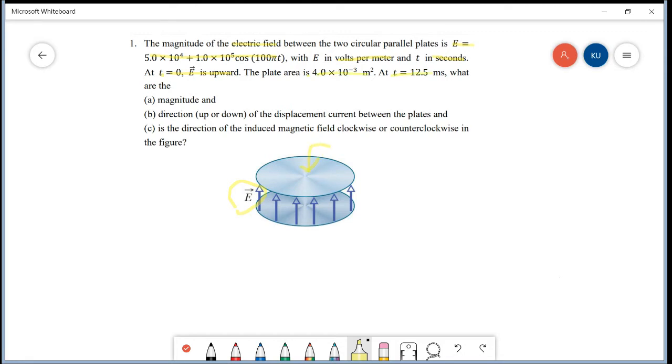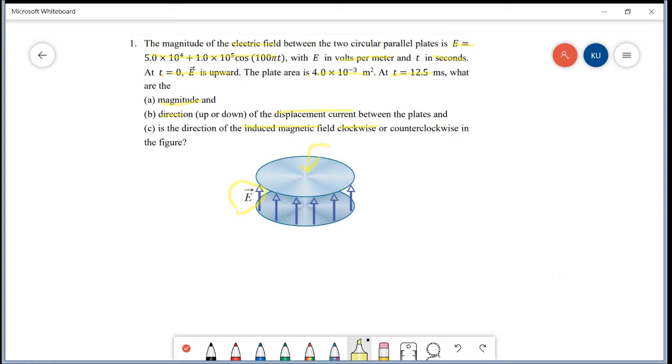At t equals 12.5 millisecond, what are the magnitude and the direction of the displacement current between the plates? And is the direction of the induced magnetic field clockwise? There will be an induced magnetic field, counterclockwise or clockwise in the figure.